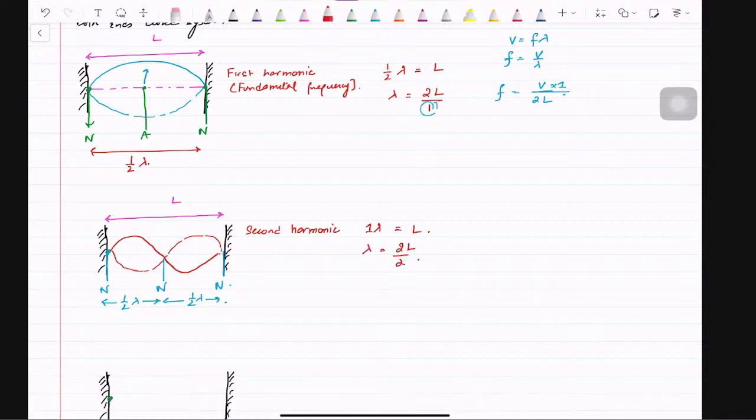And in terms of frequency, I would like to write it as frequency is equal to V times 2 over 2L, because lambda was 2L upon 2. So if you put lambda in this equation, it will become that. Please have a look at it.